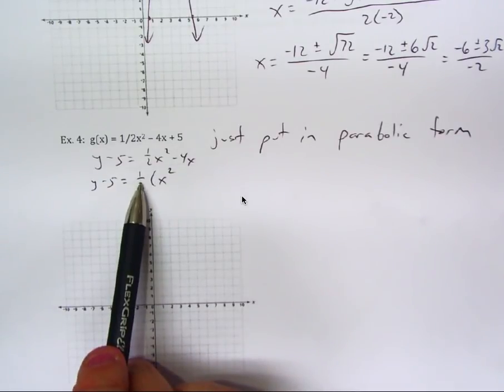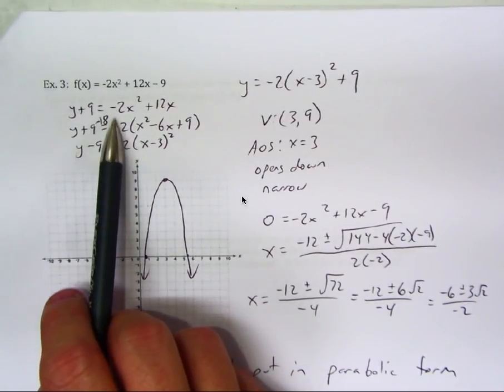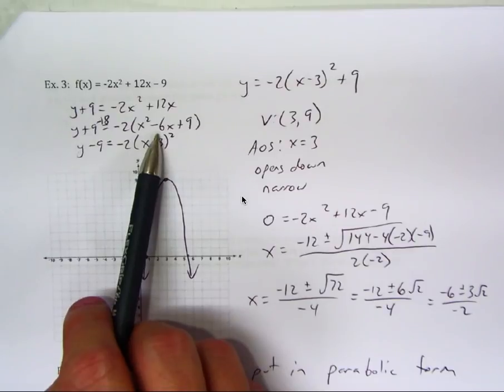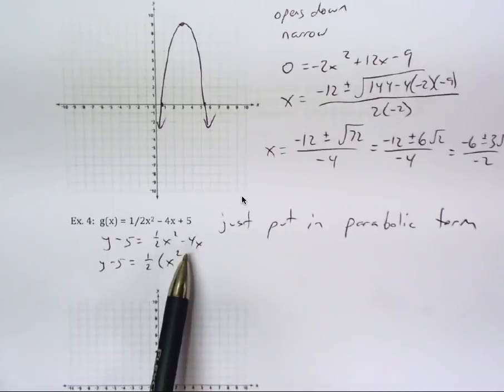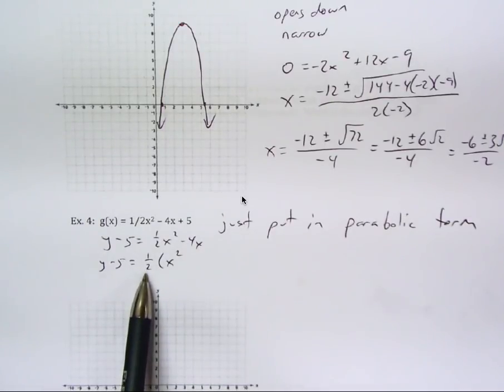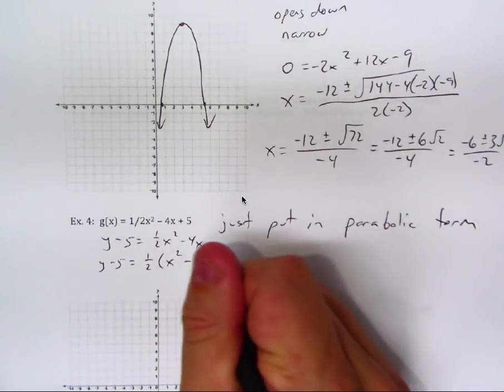Think about what you're doing when you take out a GCF. Like when I took out this negative 2, to figure out what's left, I do 12 divided by negative 2. Well, if I do negative 4 divided by 1/2, that's the same as multiplying by 2. So be careful here. What's left would be minus 8x.